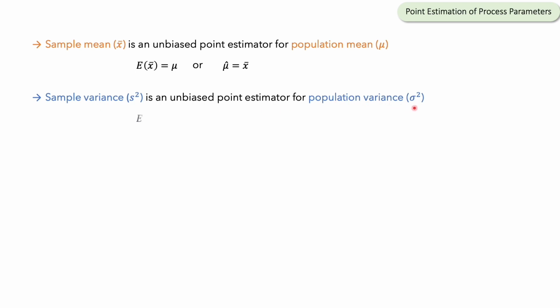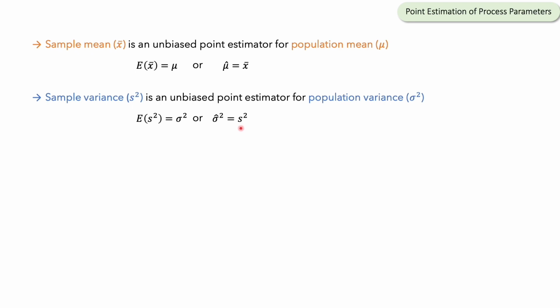Here we can write it like this: E of s square equals sigma square. The sample variance is the estimator for the population variance, or we can write it with a small hat on the top of sigma square. The estimated value of sigma square is the sample variance.